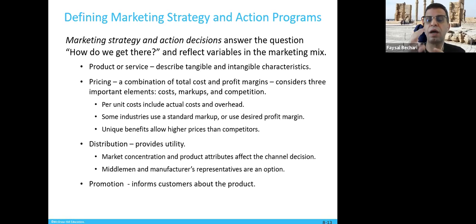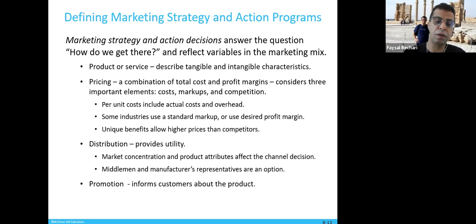And then you have the profit as a profit margin or markup. Some industries use a standard profit markup or a desired profit.